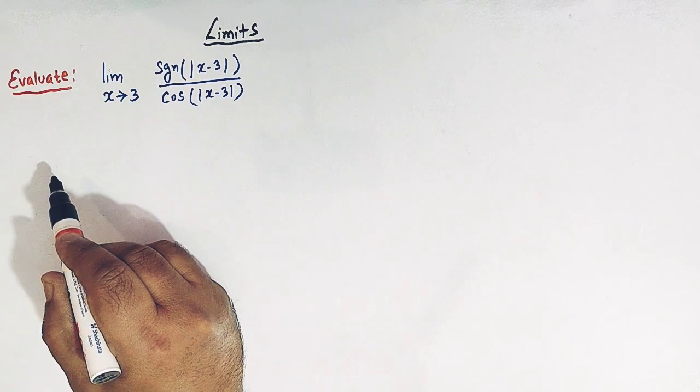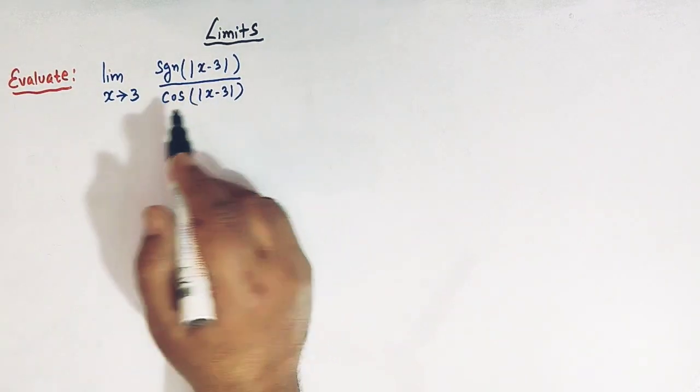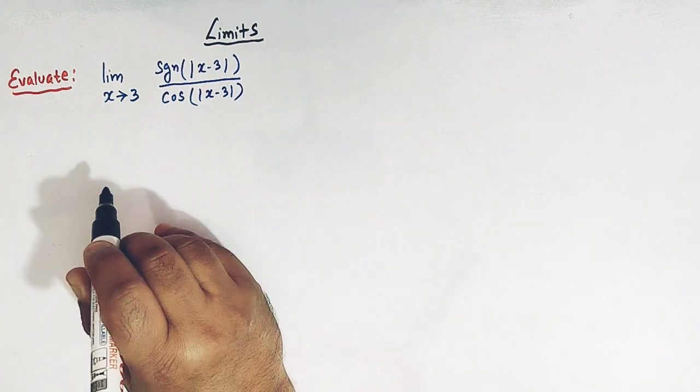So for this, we'll find out the right hand limit and the left hand limit. Here we'll make use of the definition of a signum function and the definition of absolute value function, right? So let us first see the definition of signum function.